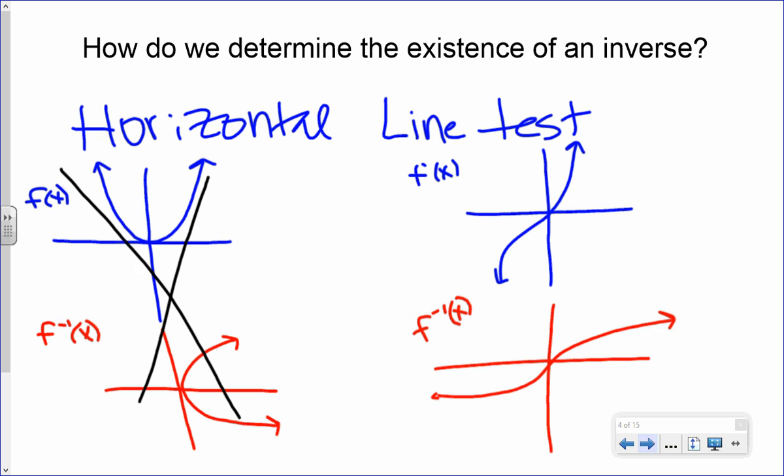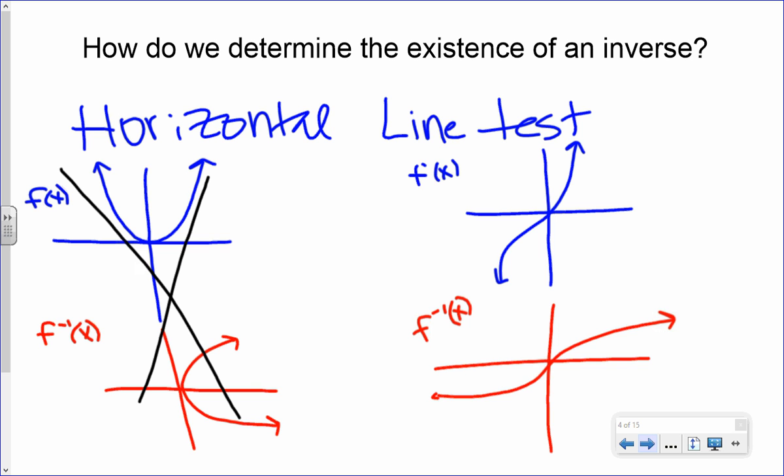Now, let's talk about how we can prove that with calculus. When we say that a function passes both the vertical test because it's a function and the horizontal line test because it has an inverse, we gave it a special name. We only mentioned it briefly last year, so if you remember it, I'll be impressed.